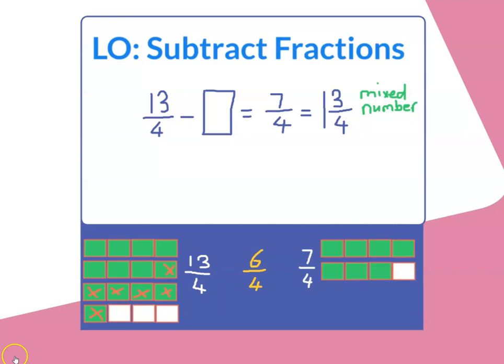So we can say 13 quarters, take away 6 quarters, leaves a remaining 7 quarters, which is an improper fraction and should be changed into a mixed number. 1 3/4. I want you to have a go at one now yourself.